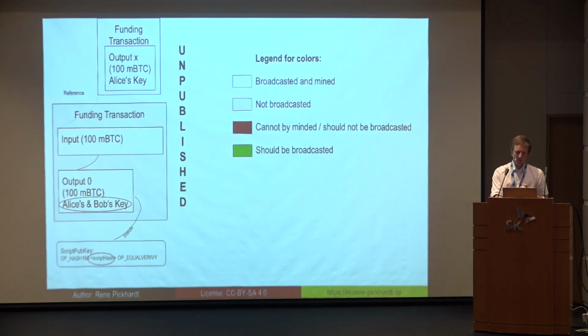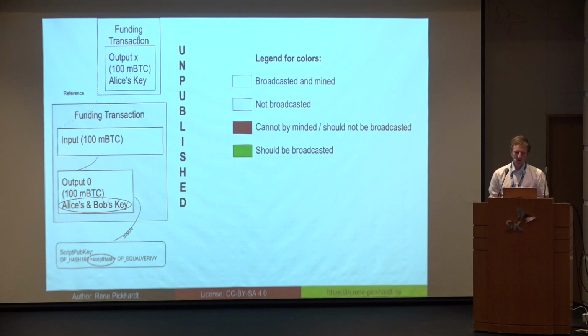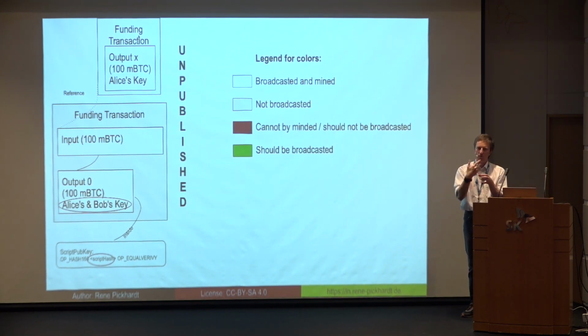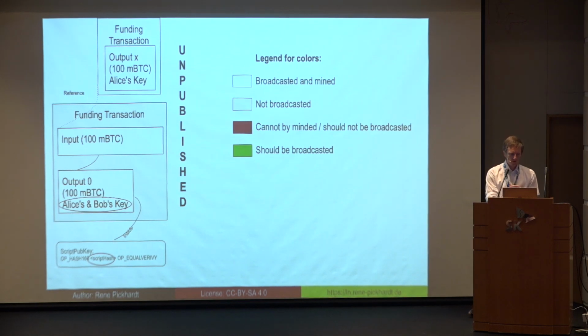So what we will have is a funding transaction which agrees on the initial state of the IOUs, right? For example, the funding transaction looks like this. It says that we have an input of 100 millibitcoins, and the output goes to both of those keys.